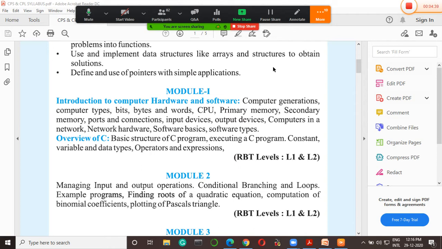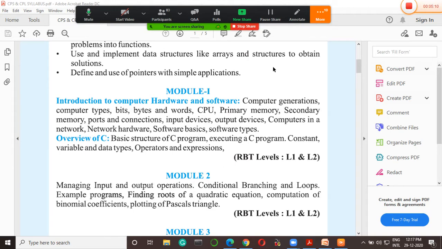Whereas the second chapter deals with the structure of C programming, variables required for C programming, various types of operators required for C programming, and the important C tokens available in C programming. These are the concepts which we will be discussing in module 1. And keep in mind, module 1 weightage is 20 marks for your main examination.